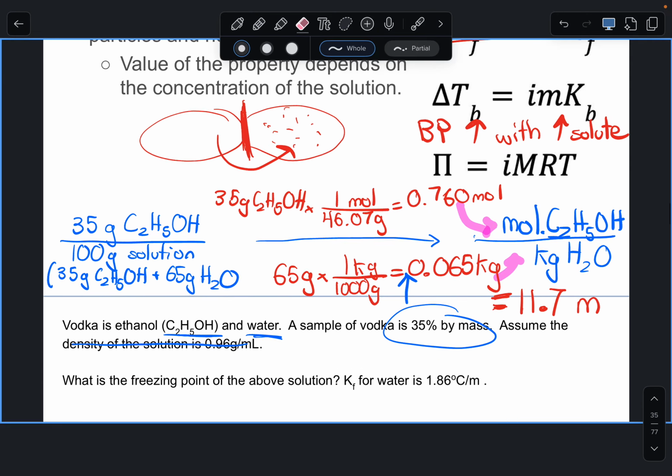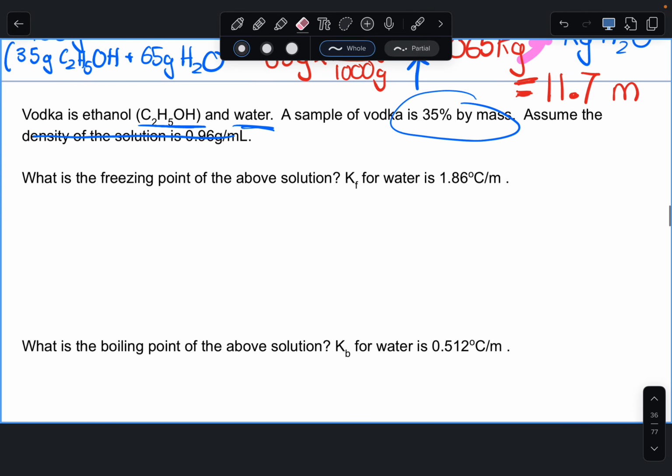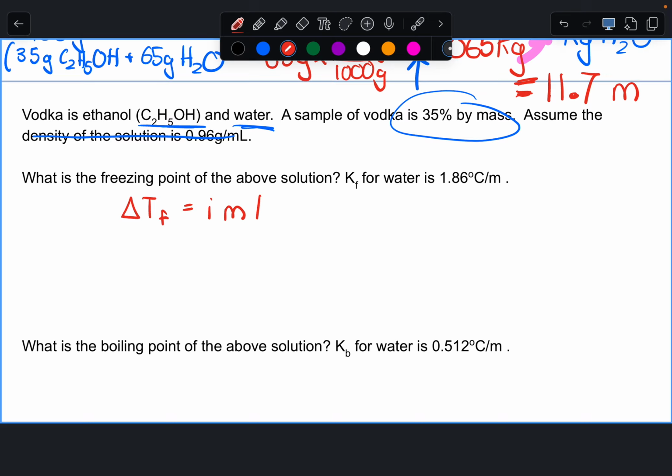So we're going to go ahead and start with this one. And we already calculated the molality, so we can go ahead and use the equation from above to calculate a new freezing point for this solution. So the change in temperature of the freezing point is going to be equal to I times molality times the constant.